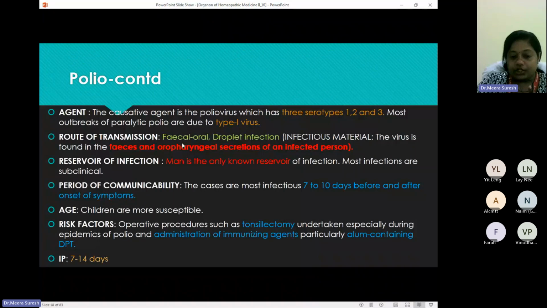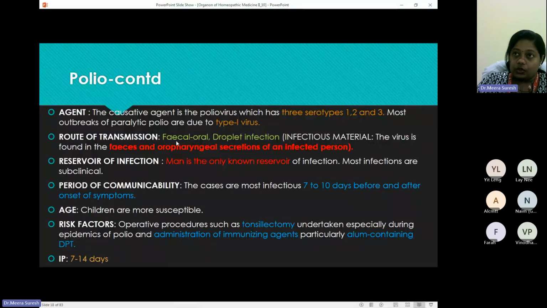The route of transmission is usually fecal-oral or droplet infection, because the polio patient, when he is coughing, sneezing, etc., can transmit it by droplet infection. Also, this virus multiplies in the intestine, the GIT, and then it is shed via the stool.